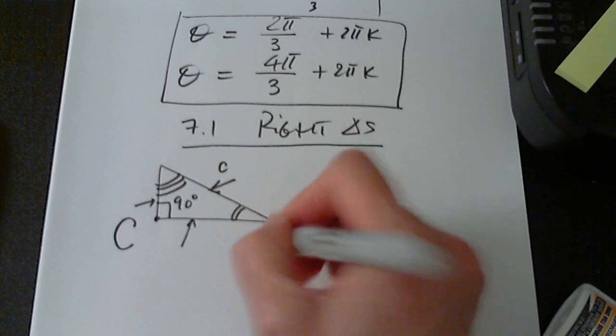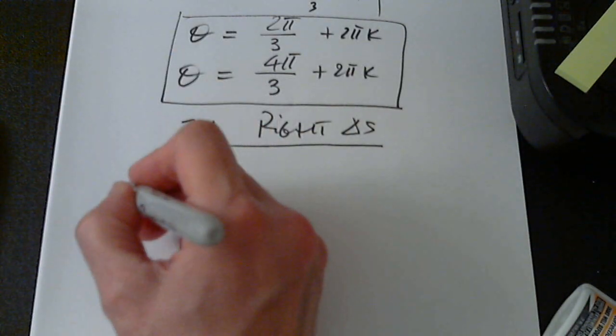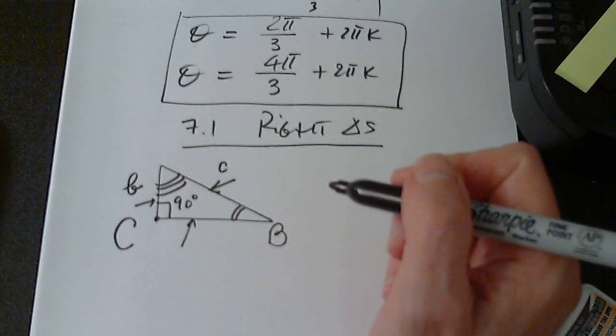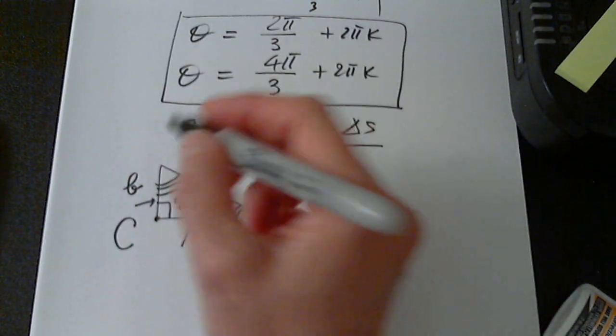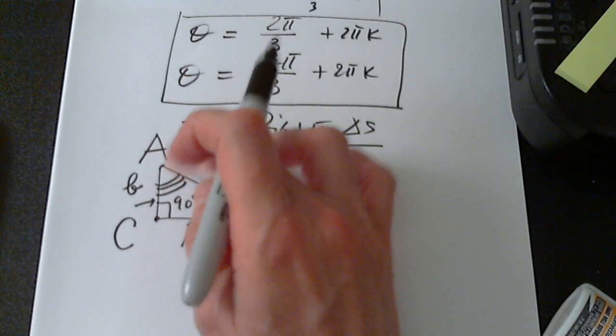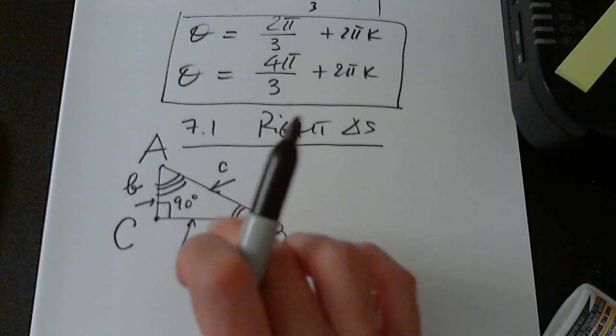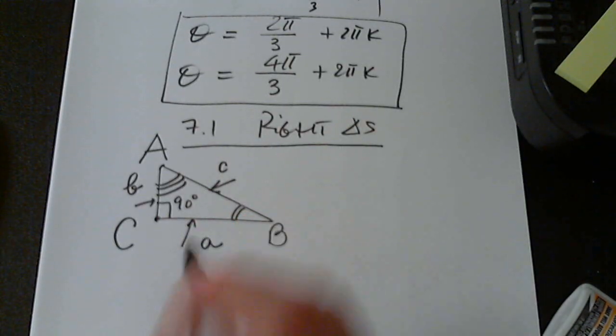If this angle is uppercase B, the opposite side must be denoted by lowercase b. And if this acute angle at the top is denoted by uppercase A, the opposite leg has to be denoted by the same letter but lowercase. So this must be it.